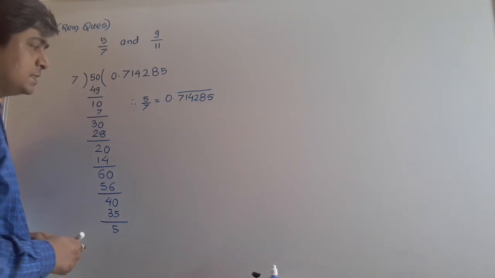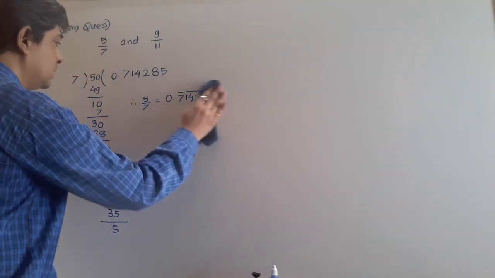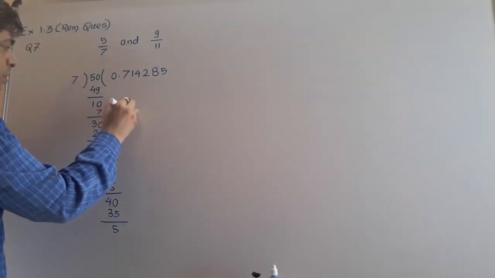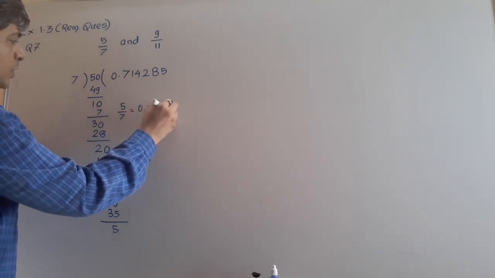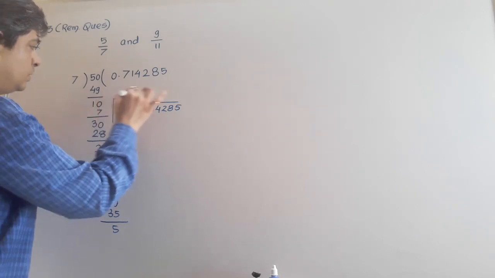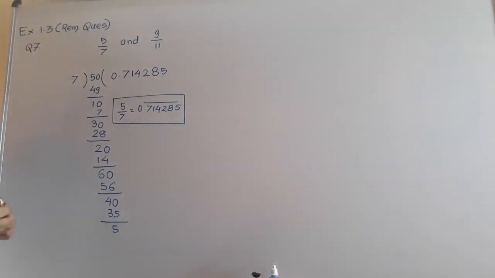Now let us see the second one. I am writing this answer a little to this side. 5 upon 7 is equal to 0.714285 bar. This is my answer for 5 upon 7. I am keeping it in a box so it will be clearly visible.